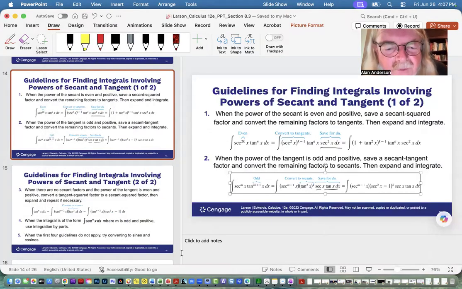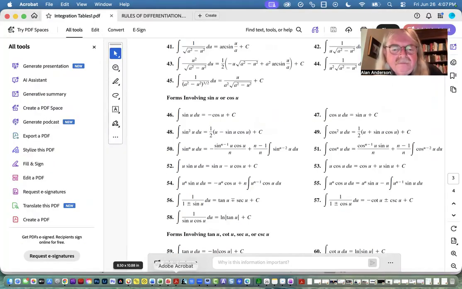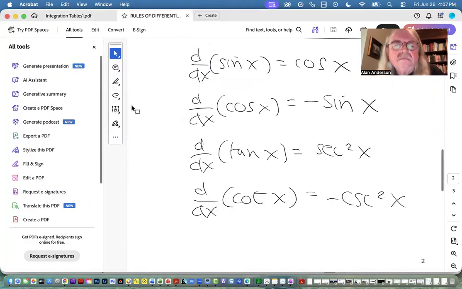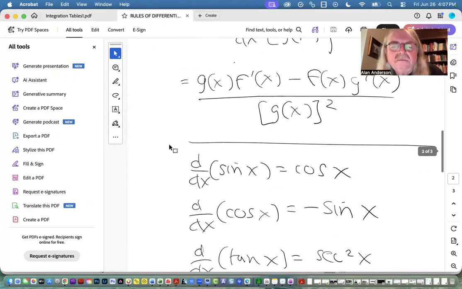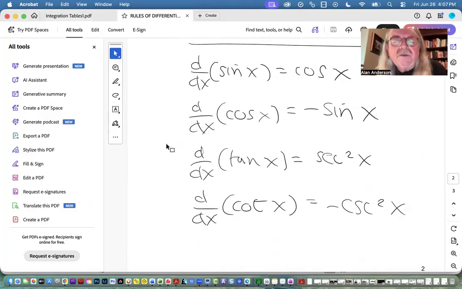So if we go back to the basic rules of differentiation, the derivative of the tangent is the secant squared.